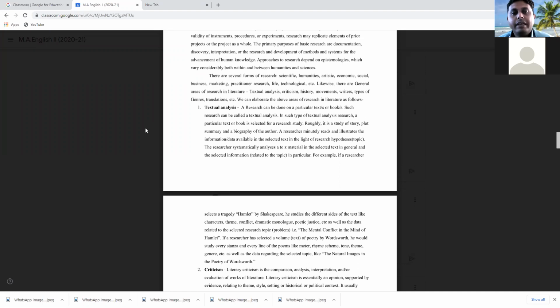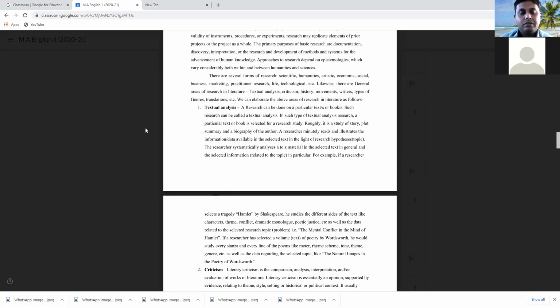Let's say the image of the ghost in Hamlet, for example. As you know, in the story of Hamlet there is the ghost of Hamlet's father. So what kind of ghost is that? His posture, his costume, his appearance on the scene.